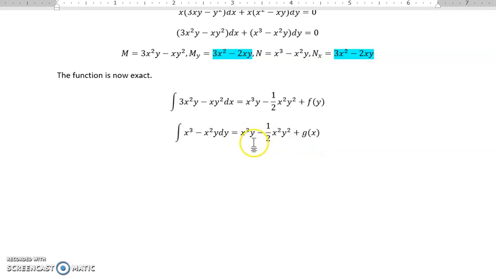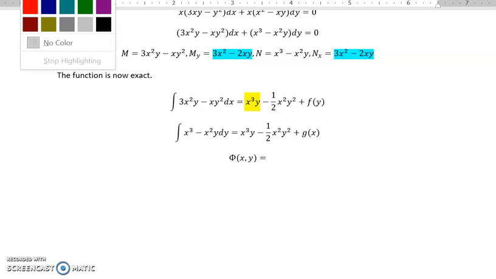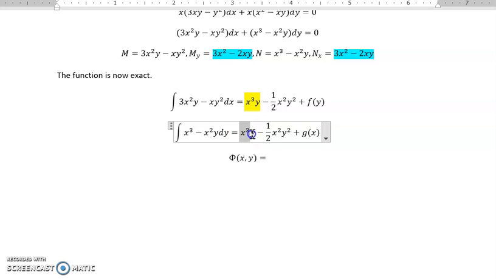And so then, of course, our phi function, phi of xy, is going to contain the terms that match. So if they have functions of two variables, any terms that contain two variables will appear in both expressions.